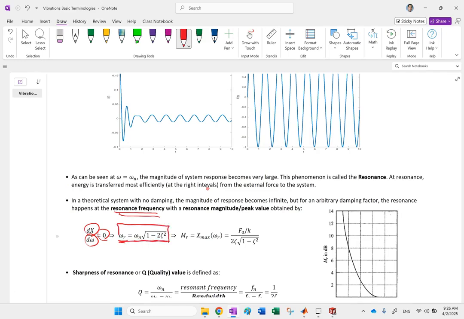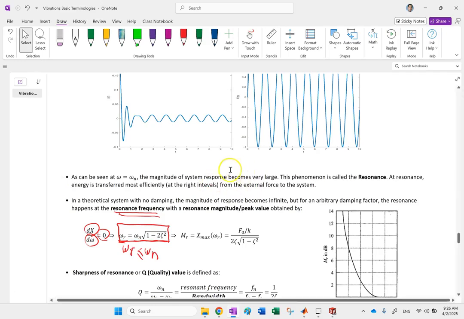So it's at this frequency where the maximum is happening. It's close to omega n when zeta is very small, but the bigger the zeta, the smaller it gets. So omega r is less than or equal to omega n for different zeta, and the bigger the zeta, the further it shifts to the left.